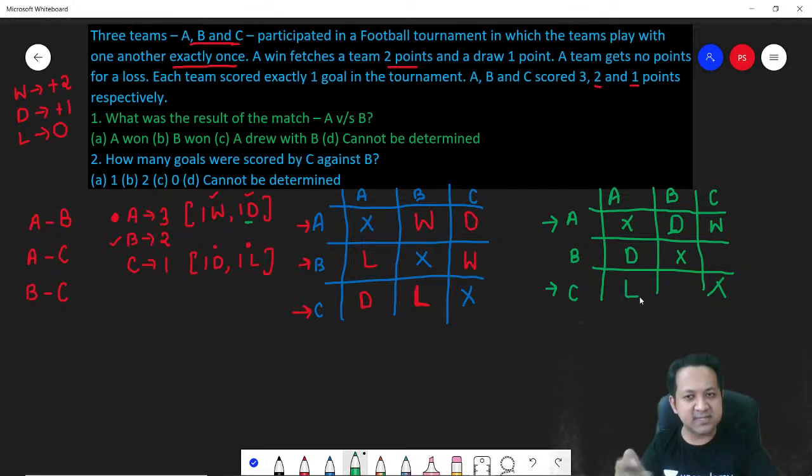If C loses, the other match has to be a draw, because C has got 1 point. One loss means the other match is a draw. So the CB match ends up in a draw. You put a D here and a draw here. So there are two possibilities.